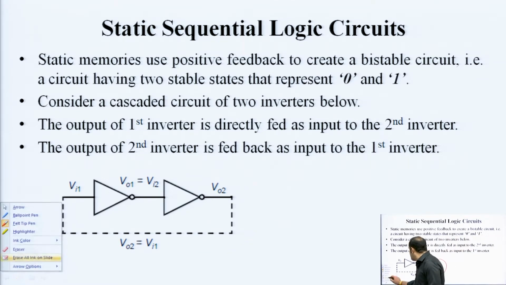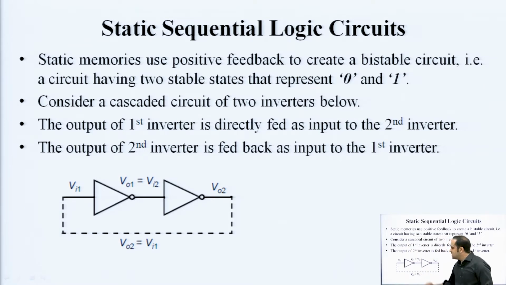where you have an inverter which has an input, say call it Vi1. It inverts its input and produces an output VO1. That output is serially fed to another inverter, and it produces another output.